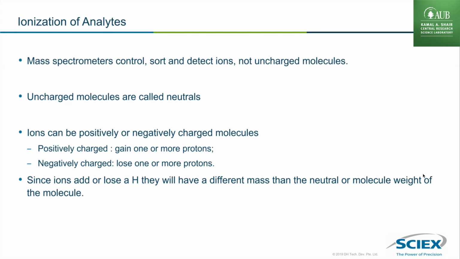And I already mentioned this, they can be positively or negatively charged. Positive charge, gain a proton, negative charge, lose a proton. And since hydrogen weighs approximately 1, as we know, not exactly 1, when we talked about mass earlier, but approximately 1, they will have a different mass than the neutral. So either +1 positive or -1 negative.